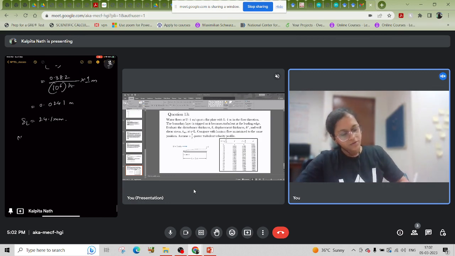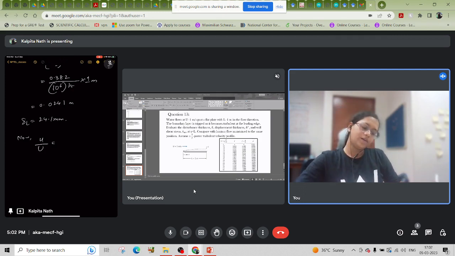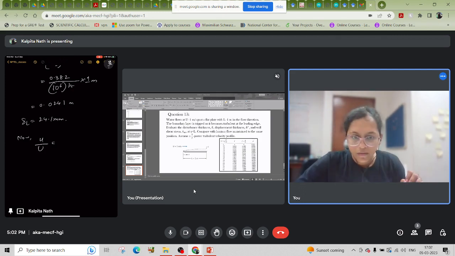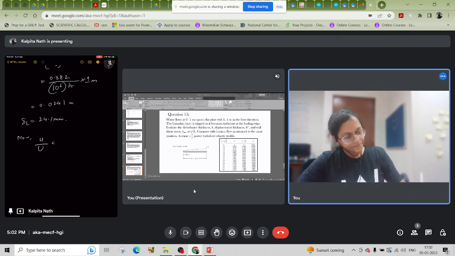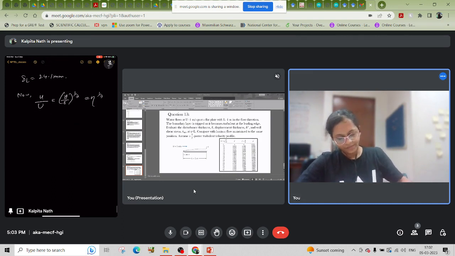Okay. So now small u by capital U, now we need to find the displacement thickness. Small u by capital U is y by delta to the power 1 by 7, that is eta to the power 1 by 7.